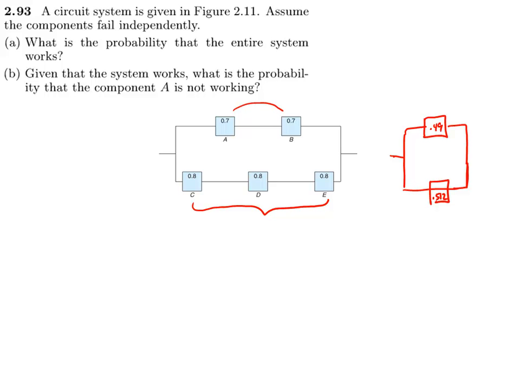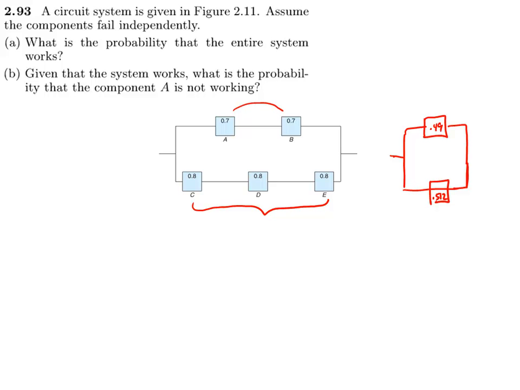So these are the probabilities that they work. So, for example, now I'm confused. So this 0.7 should be the probability that the components are working, not failing.